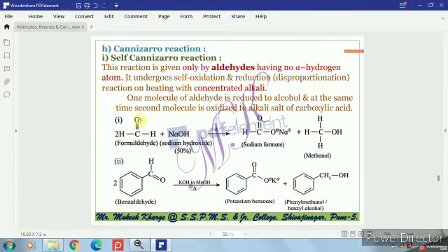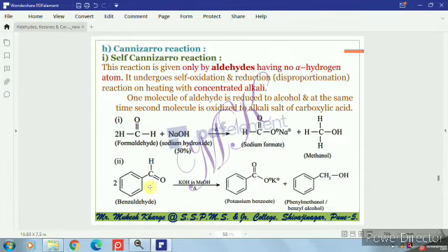So add hydrogen here and hydrogen here, so CH2 becomes CH3, O becomes OH. So we get methanol. So sodium formate is the oxidized product and methanol is the reduced product of formaldehyde. So formaldehyde itself undergoes oxidation and reduction.